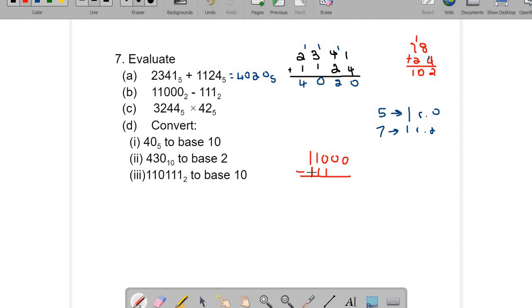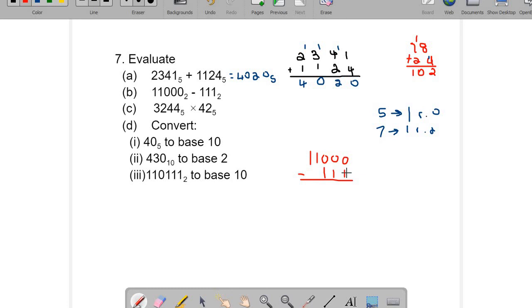Okay, so you're just going to line them up according to their place values, just like what you would do for regular subtraction. Alright, so the first place value would be 0 minus 1.